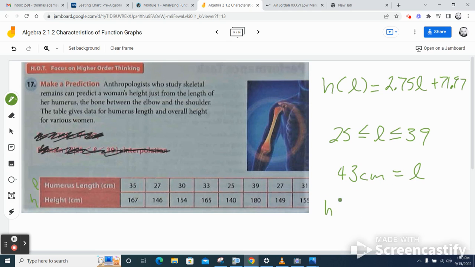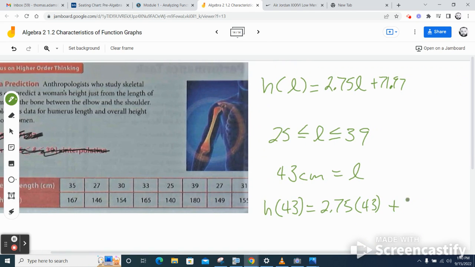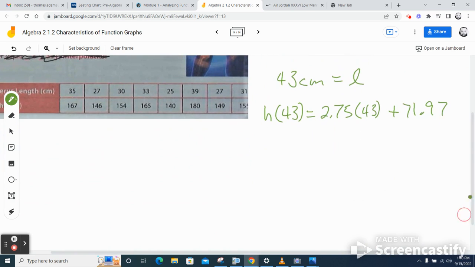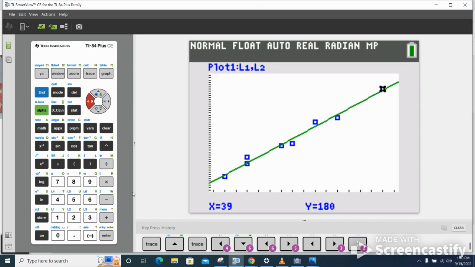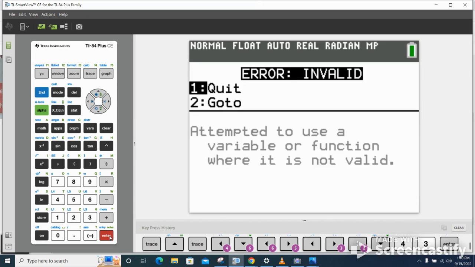I could say that her height is equal to, and then I plug 43 into the equation: 2.75 times 43 plus 71.97. If I plug that in my calculator, I go to trace and I plug in 43.